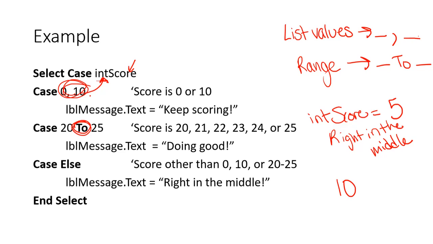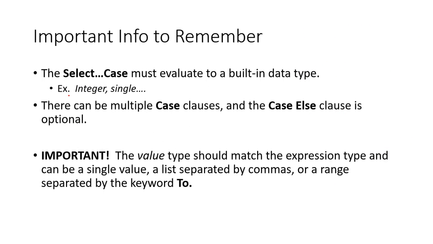That's a string. Strings can't be put into an integer. These can't be a double. These can't be 10.5, okay? So whatever you have for the variable you're putting under the microscope, those are the cases that you should be looking at. All right?